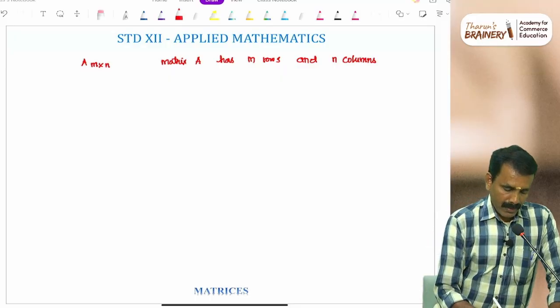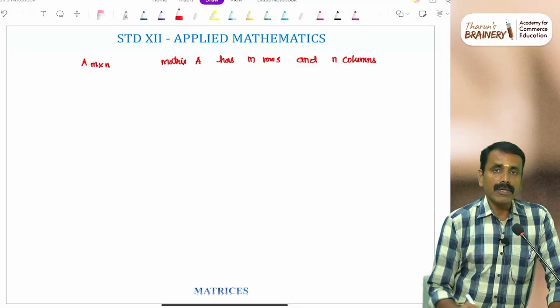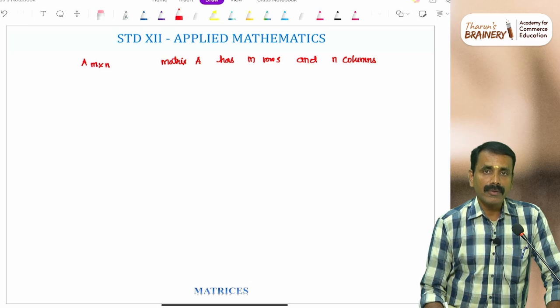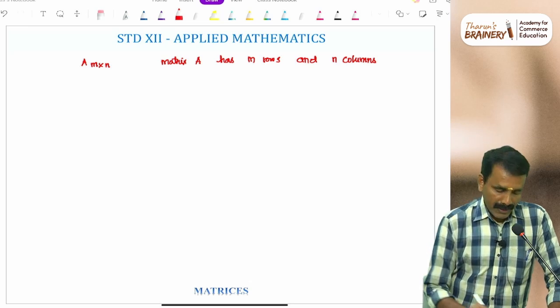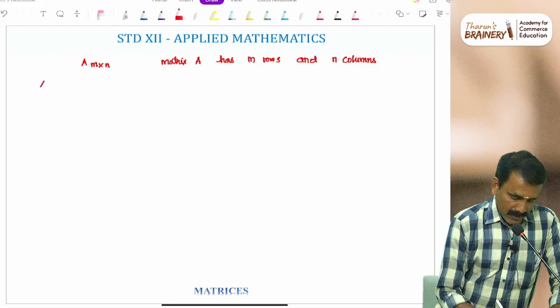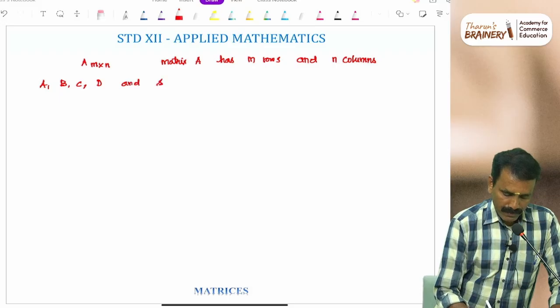Usually matrices are denoted by capital letters. So, capital A, capital B, capital C, capital D and so on. Elements are denoted by small letters.